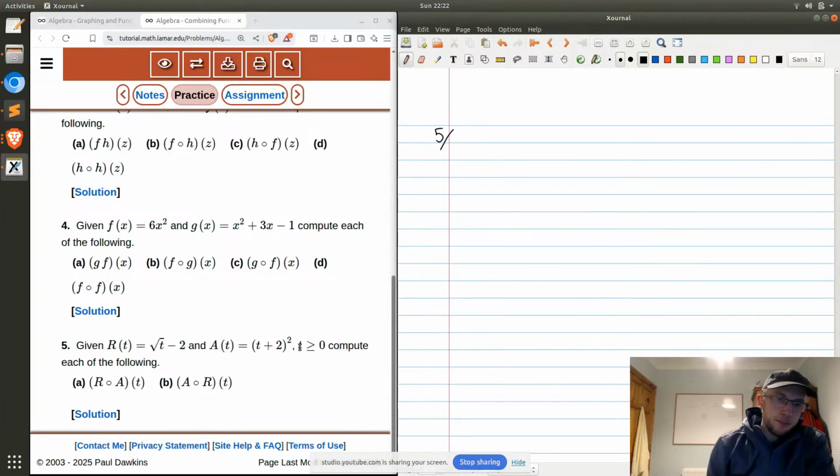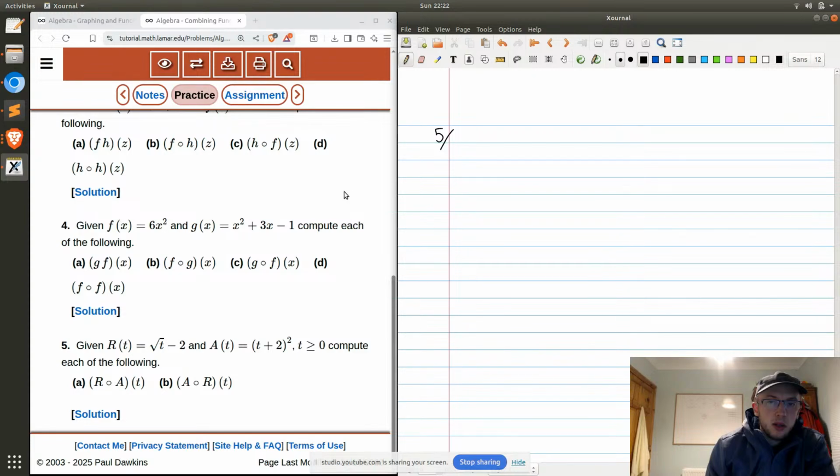Notice t is restricted to be greater than or equal to 0. We have to make those considerations when we compose these two functions together. All right, so let's just begin.